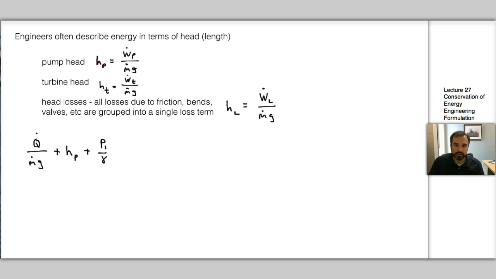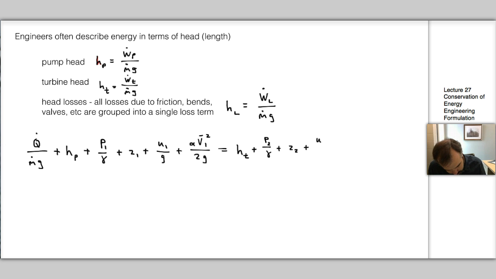Remember, it was P over rho, but I divided through by G, so I have P over rho G, which is gamma, plus Z1 plus U1 over G plus alpha V bar squared 1 over 2G is equal to H sub T plus P2 over gamma plus Z2 plus U2 over G plus alpha V2 bar squared over 2G plus H sub L.